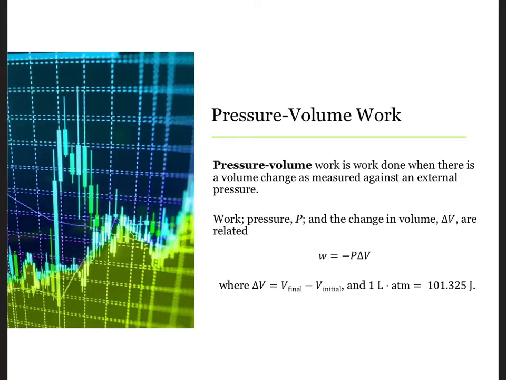Delta V here means we'll take the final volume and subtract the initial volume from it, and we wind up with these weird units of liter atmospheres from the product, which we can convert to joules using the relationship that 1 liter atmosphere is equal to 101.325 joules. Finally, since pressure volume work is done by the system on the surroundings, we indicate the flow of energy out of the system with a negative sign.